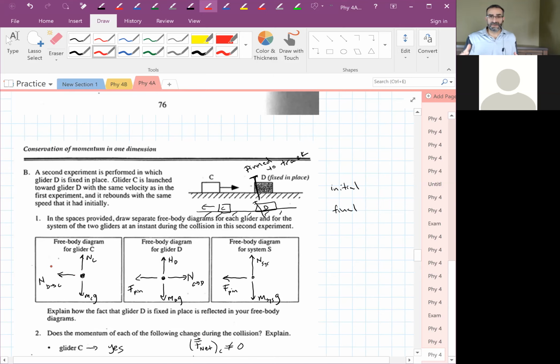Sum of the forces equals ma. The acceleration is 0. D never moves. It stays in the same place the whole time. So the net force on D had to have been 0. And the system has a net force acting on it, yes. So C has a net force. The system has a net force. D does not.